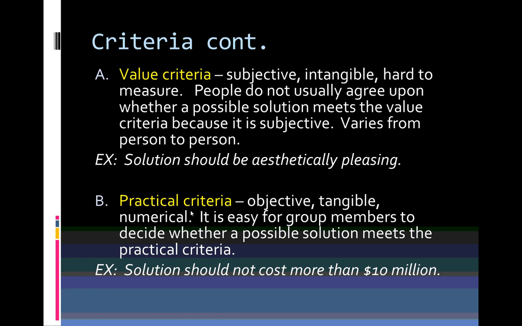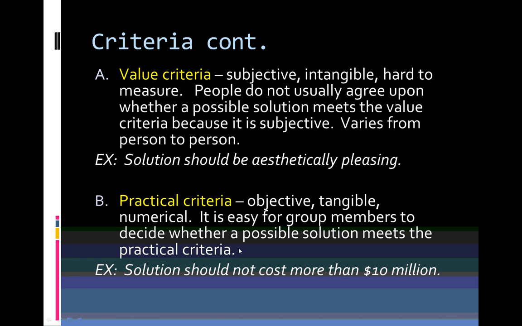Conversely, the second type of criteria is practical criteria. Practical criteria are the standards that we have set up ahead of time that are very objective, very tangible, usually numerically driven, data-based. It is easy for our group members to decide together whether a possible solution meets the practical criteria.